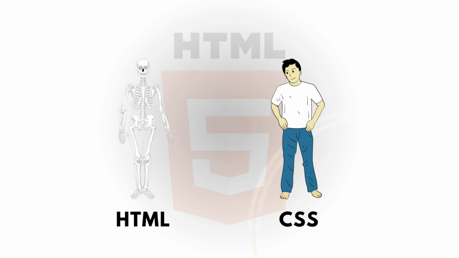Then we use CSS to style the structure that we built with HTML. Then we use JavaScript to make the website interactive. That is more functional. If you want to display something, maybe you want something to pop up, then do other things, we use JavaScript for that.